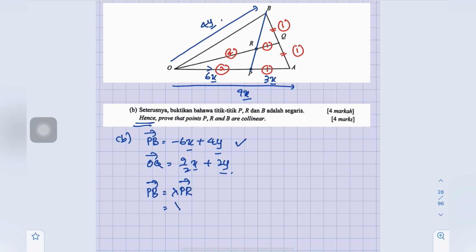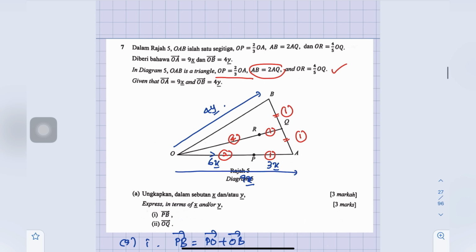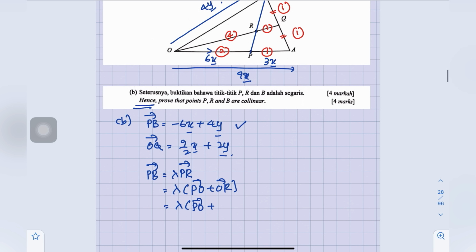Then PR is PO plus OR. From the question, OR is 4 over 5 OQ, so we substitute here.